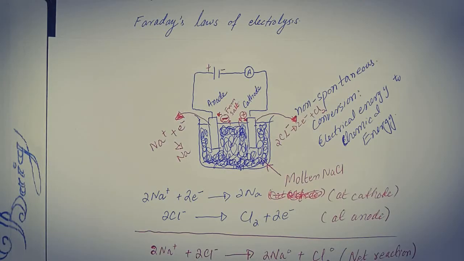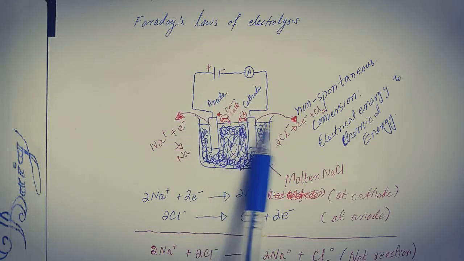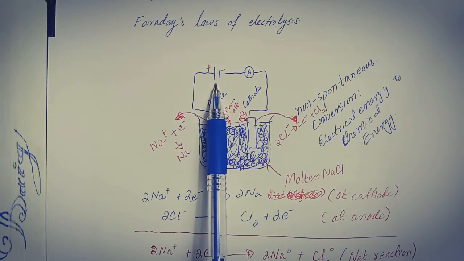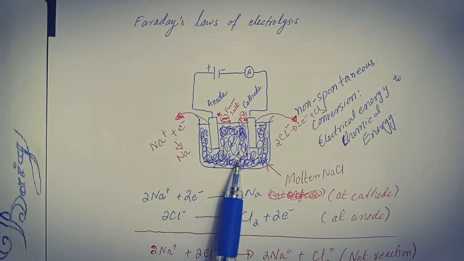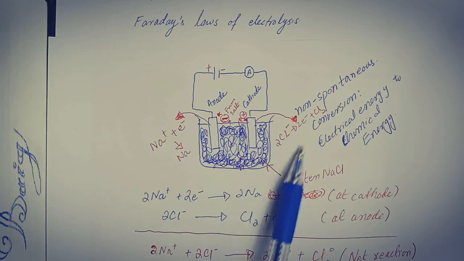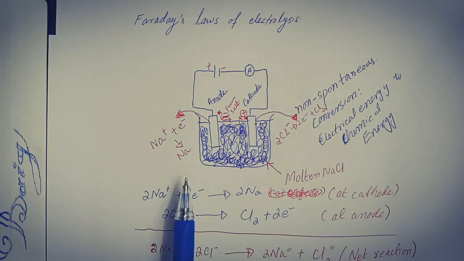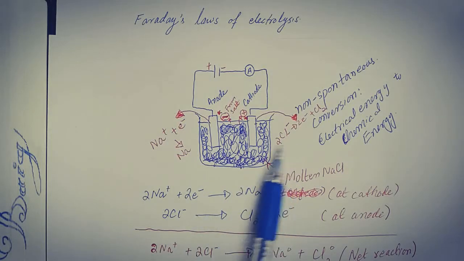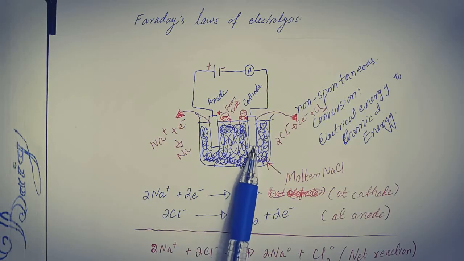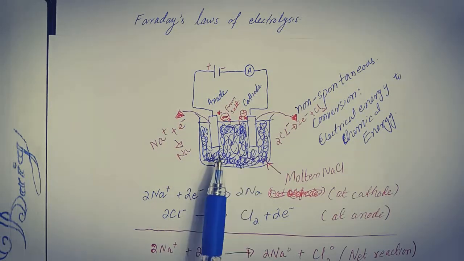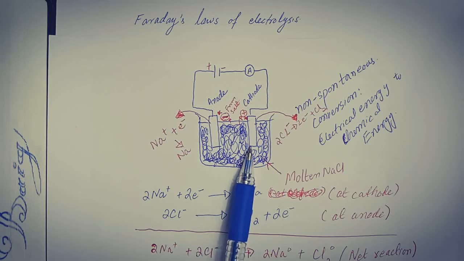For example, here we have a cell in which molten sodium chloride salt has been used, and that is connected with an external circuit upon which external electrical energy is being applied to the electrode, and thus the sodium and chloride species are reduced and oxidized to deposit sodium metal and liberate chlorine at the cathode and anode surfaces.